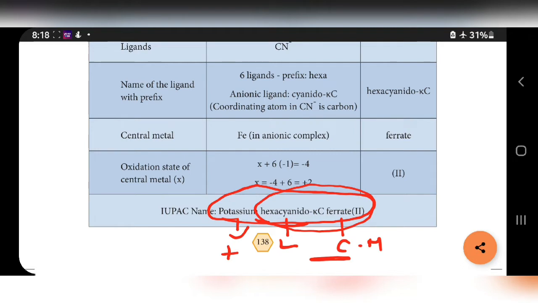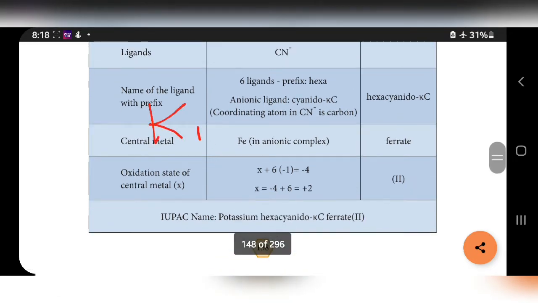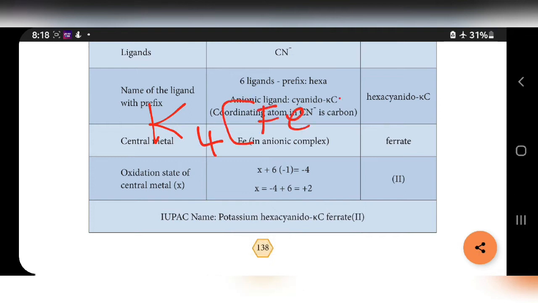So, for K4[Fe(CN)6], the name is potassium hexacyanidoferrate(II), because in chemistry generally we give preference to the positive ion only. So you should write the positive ion first. Here the positive ion is K, that is potassium.